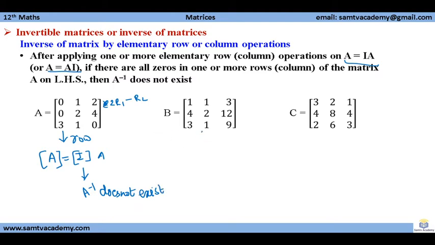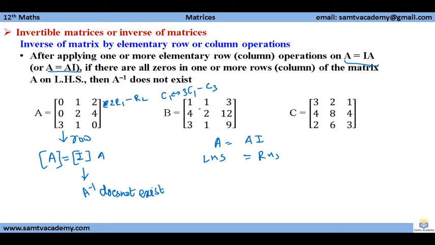Similarly, in this matrix, if you are doing column operation, you will write it like A equals AI. This is LHS and this is RHS. If you are doing column operation and multiply C1 by 3, C1 is replaced with 3C1 minus C3.